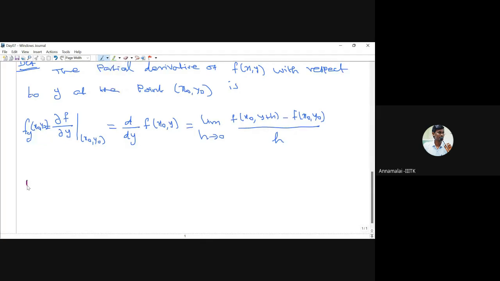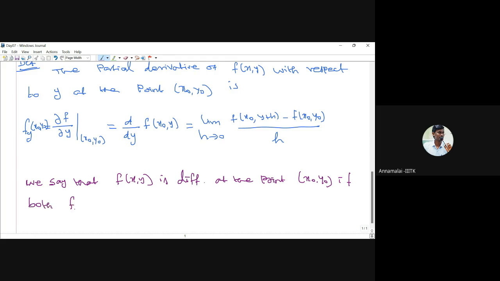We say that f of x comma y is differentiable at the point x naught comma y naught if both the partial derivatives, that is the partial derivative of f with respect to x at the point x naught comma y naught, and the partial derivative of f with respect to y at the point x naught comma y naught, exist.